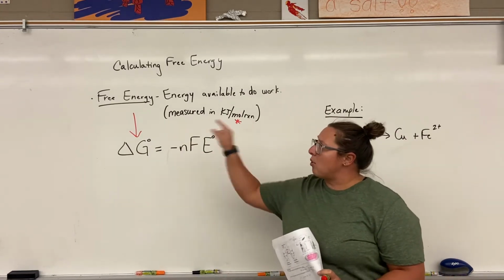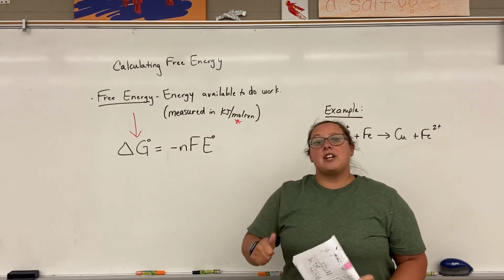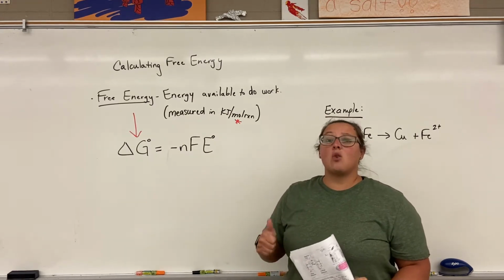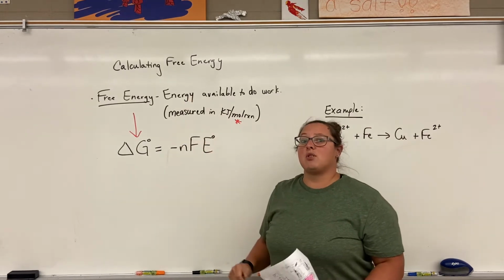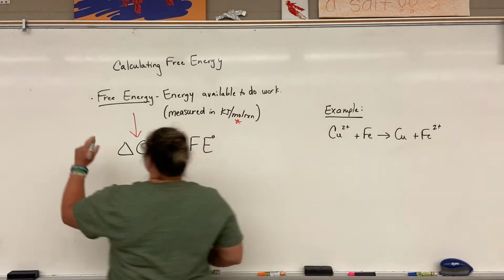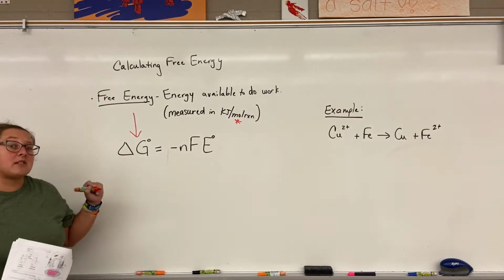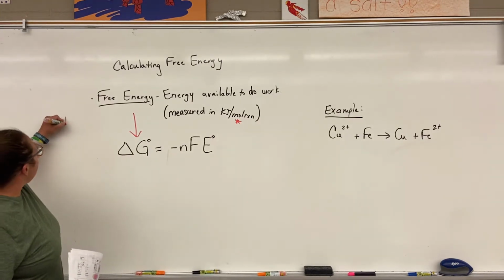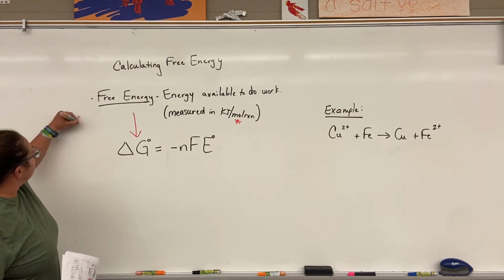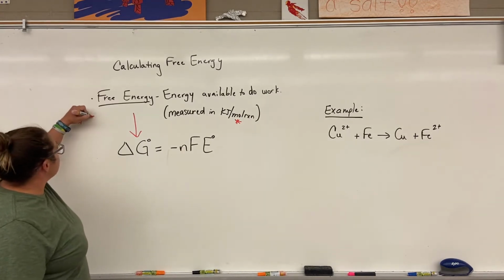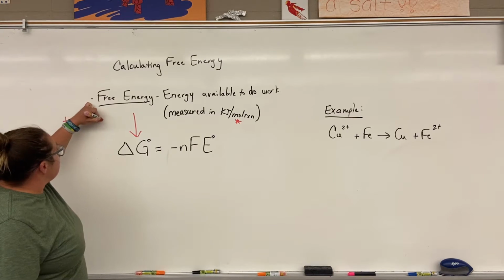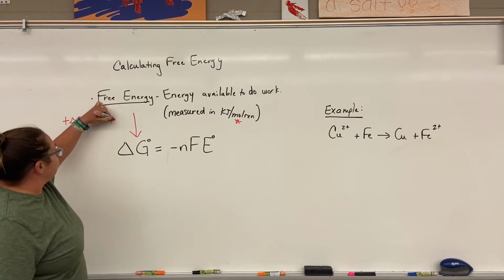And it's really important to know what free energy tells us. Not only does it tell us the quantity of energy that's available to do work, but the sign that you get for free energy is important as well. If you have a positive delta G value, what that tells me is that the reaction is thermodynamically unfavorable.